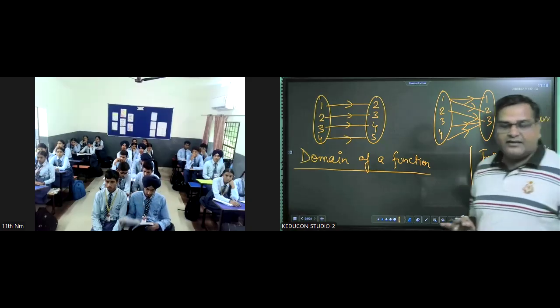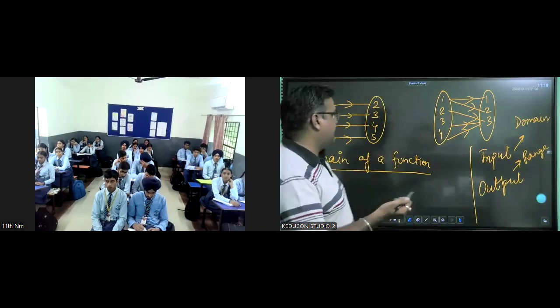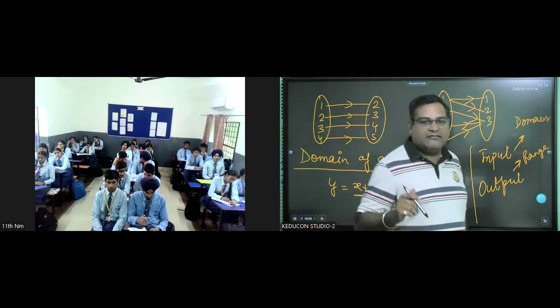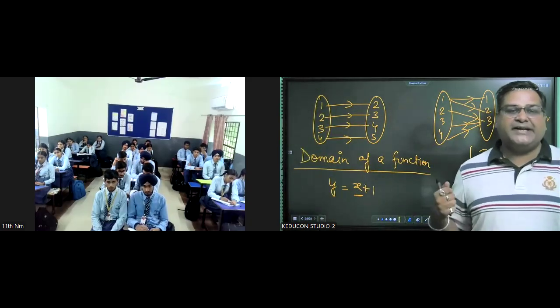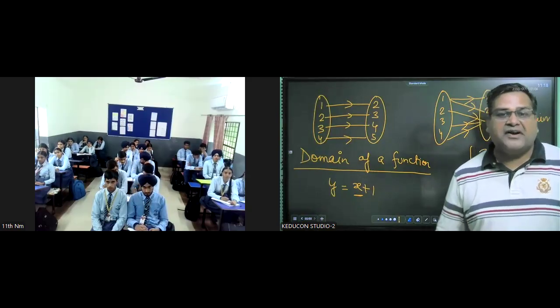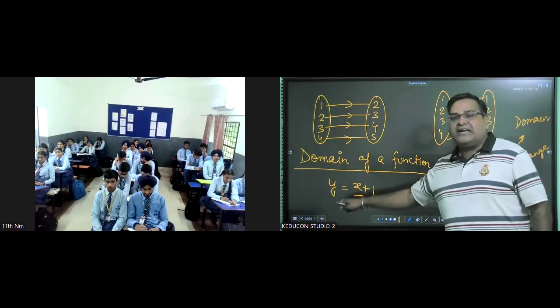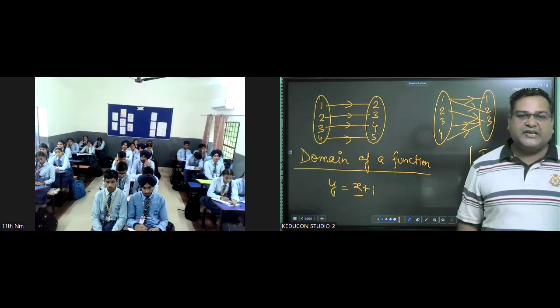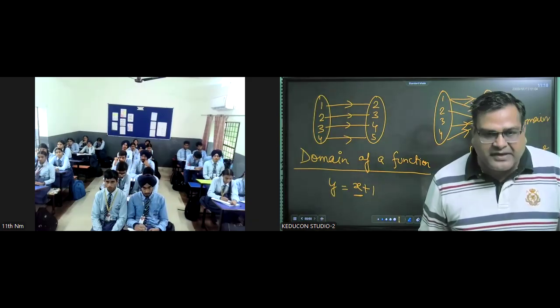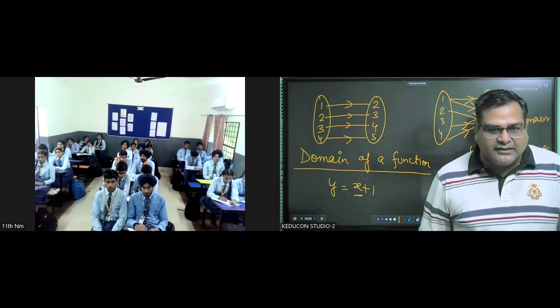Is this clear? Input is domain. You have this function y is equal to x plus 1. Whatever the values of x you can take, that is called the domain. Whatever the value of y you get after putting those values of x is called range. समझ में आ गया बच्चे?